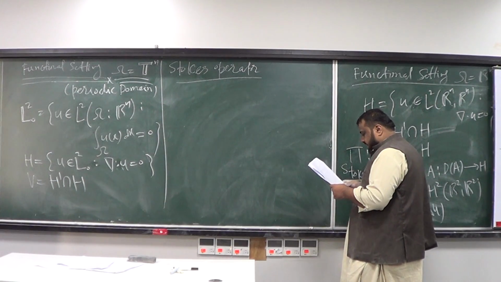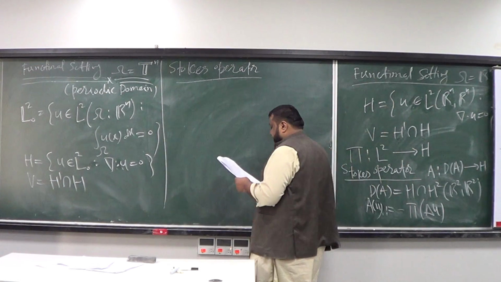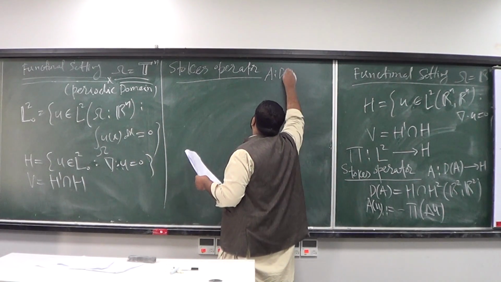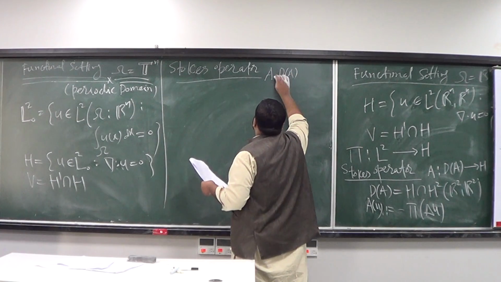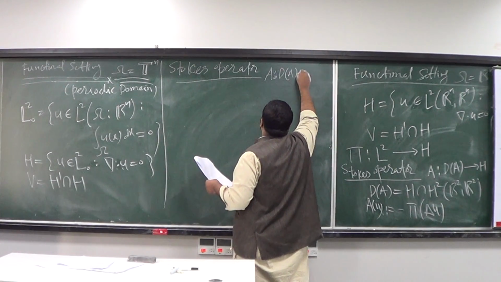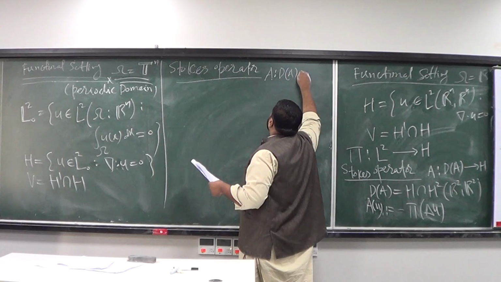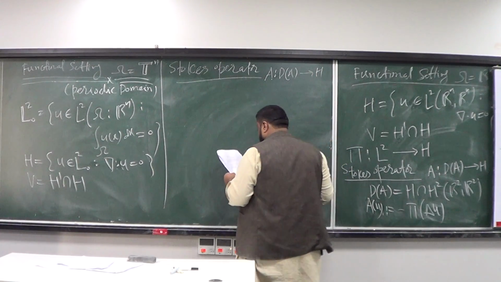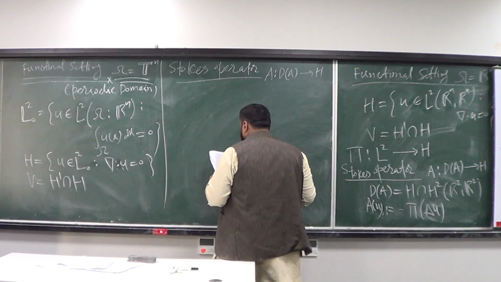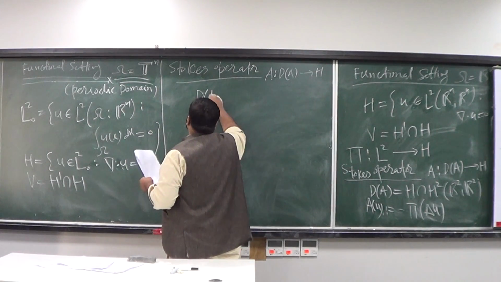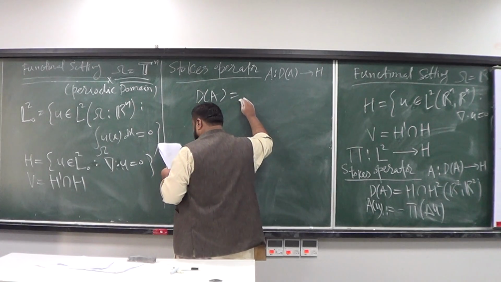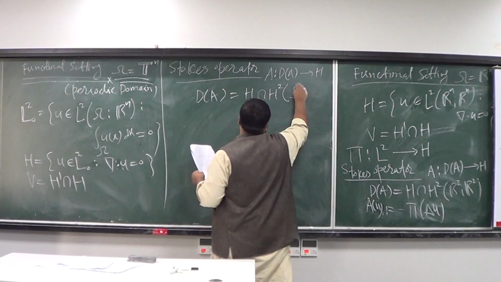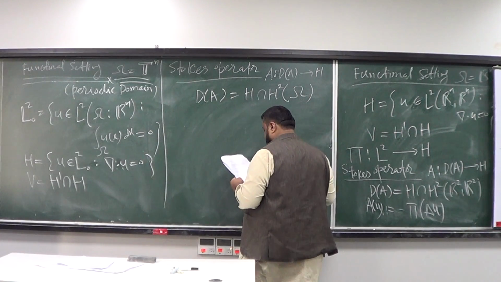Again, the Stokes operator A is going to be an operator from the domain of A onto H, where the domain of A is really H intersection H2 on the torus.